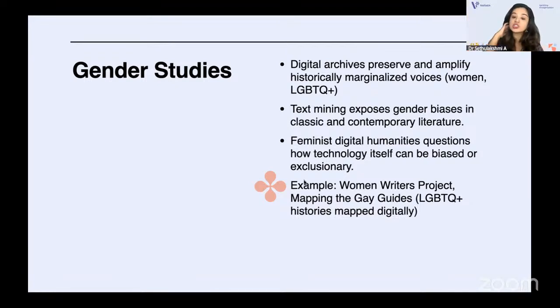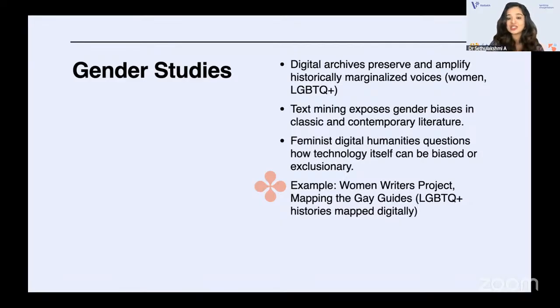So these digital archives have become essential in preserving and amplifying historically marginalized voices, especially those of women, LGBTIQ plus individuals, and other underrepresented groups. And these platforms, these digital archives, don't just store text, they give visibility to experiences.